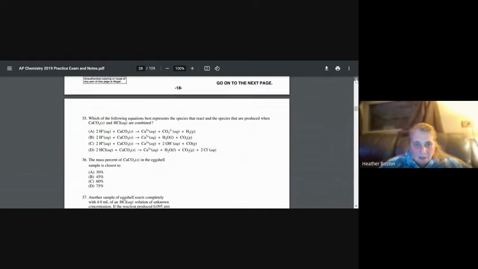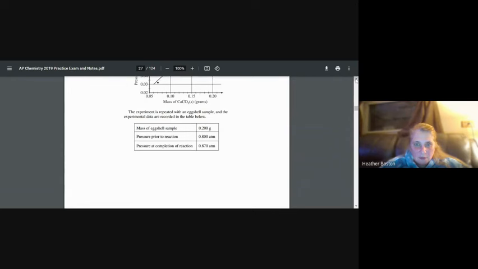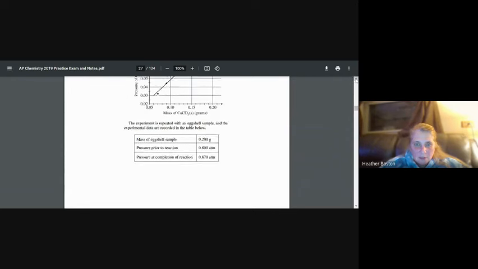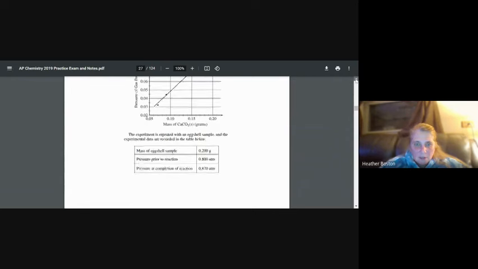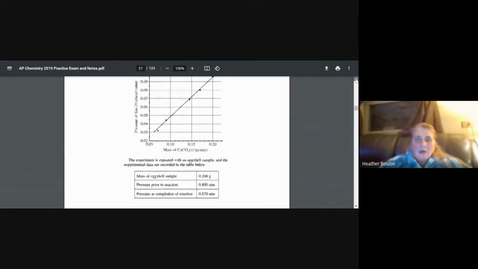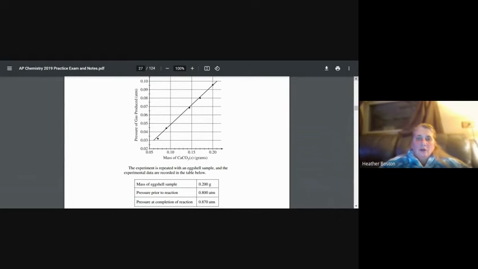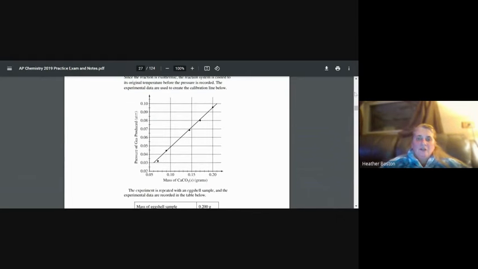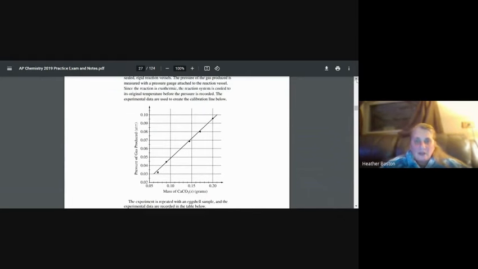So you can do your pressure at the completion of the reaction. You can do your PV equals nRT.